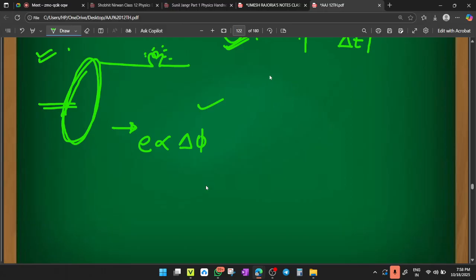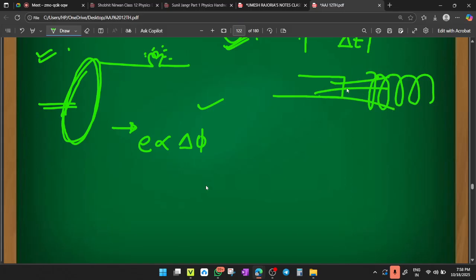Second result is, the faster you bring the magnet towards the coil, the more deflection in the galvanometer. Greater deflection means EMF is inversely proportional to change of time.